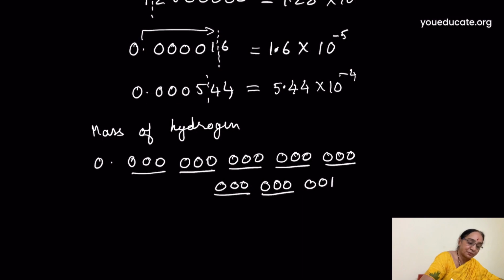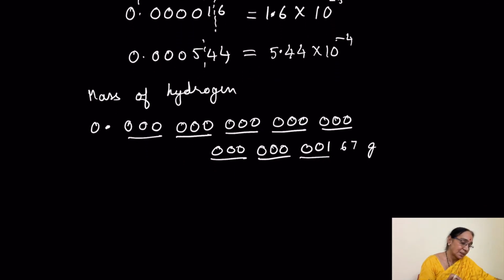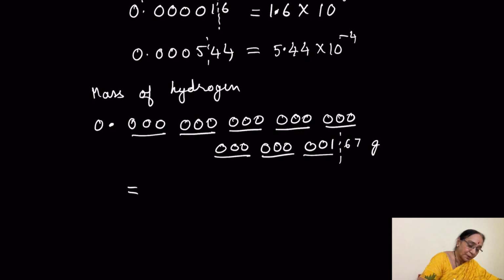Here you have a 1. The first significant digit after the decimal point appears here, and after that you have 67 grams. So that's so much less. The quantity is so small. So how to put this? Now definitely we cannot be writing this every time. We have to put it in the standard form. So I'm going to write this. The point has to move over here. So 1.67 into 10 to the power of negative 24.